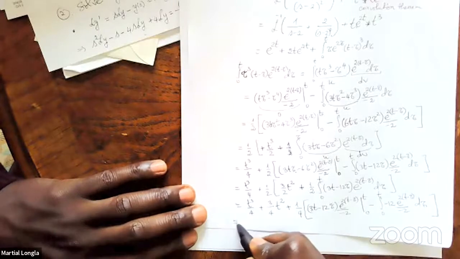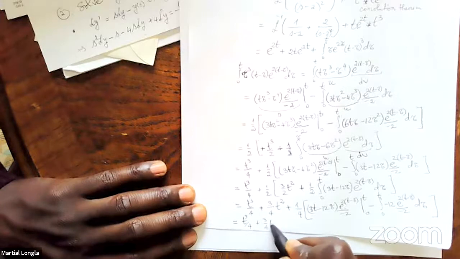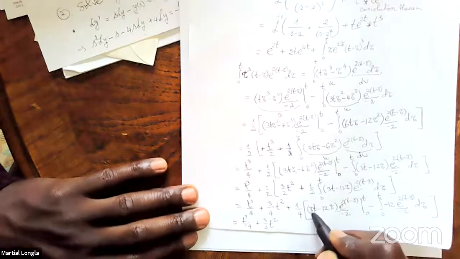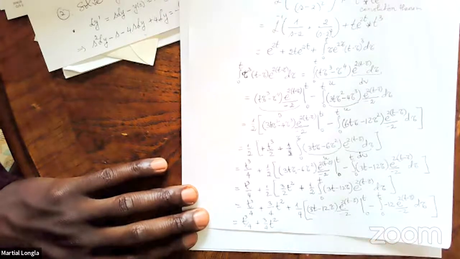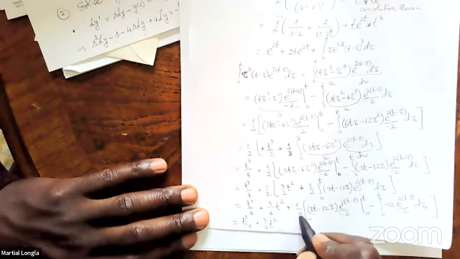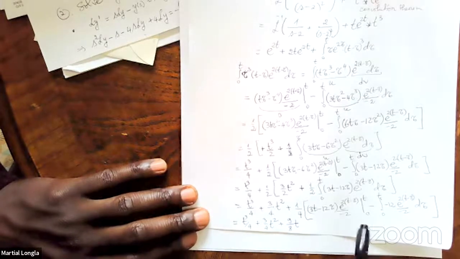So this gives us t cubed over 4 plus 3/4 t squared. When we plug in t here, we get 3t minus 12t. That's minus 9t over 2 over negative 2. That's plus 9 halves and the 1/4. So that's 9/8 of t.